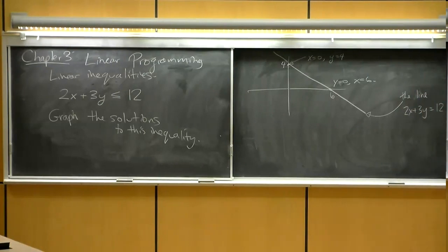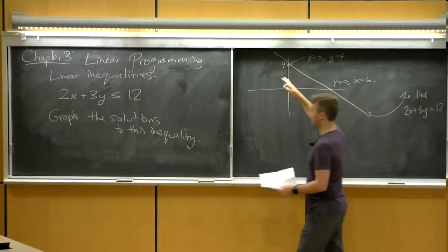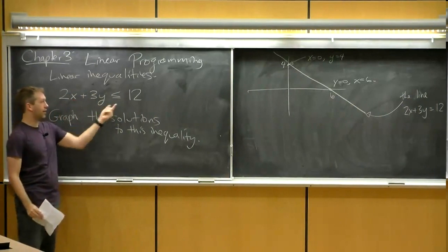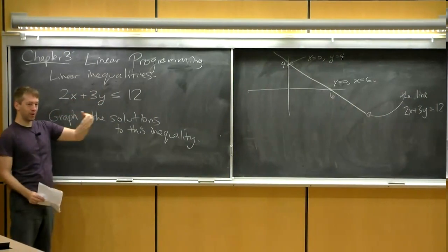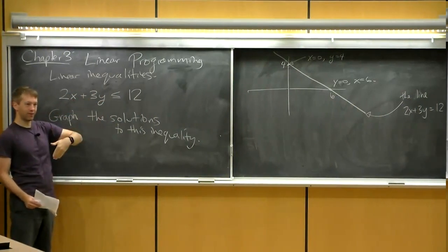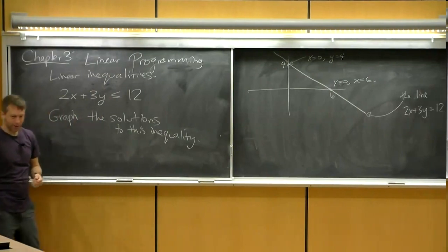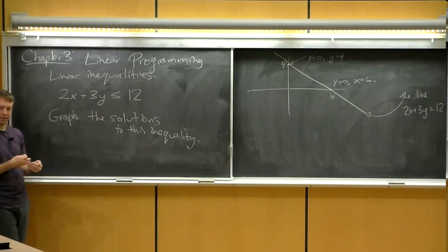So you might remember these kinds of things from high school, that if I want to graph the solutions to this inequality, what I want to do is shade one side of this line. Can anyone tell me a good way of figuring out which side I should shade? Do people remember how to do this? I feel like I did this maybe in grade 10 or 11.